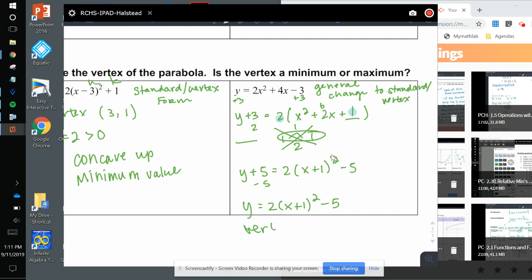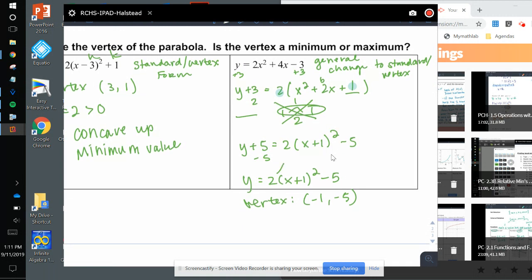My vertex is (negative 1, negative 5). My a value is greater than 0, so this is a minimum value. It's an absolute minimum and a relative minimum.